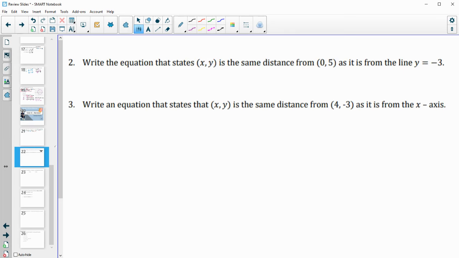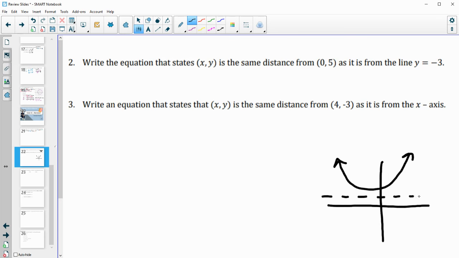So this will be the x of the focus and this will be the y of the focus. Write the equation that states xy is the same distance from 0, 5 as it is from this line. And that's the definition of a parabola. A parabola is the set of all points that are equidistant from some directrix and focus. So what this is asking us to do is write the equation of the parabola with this focus and this directrix.